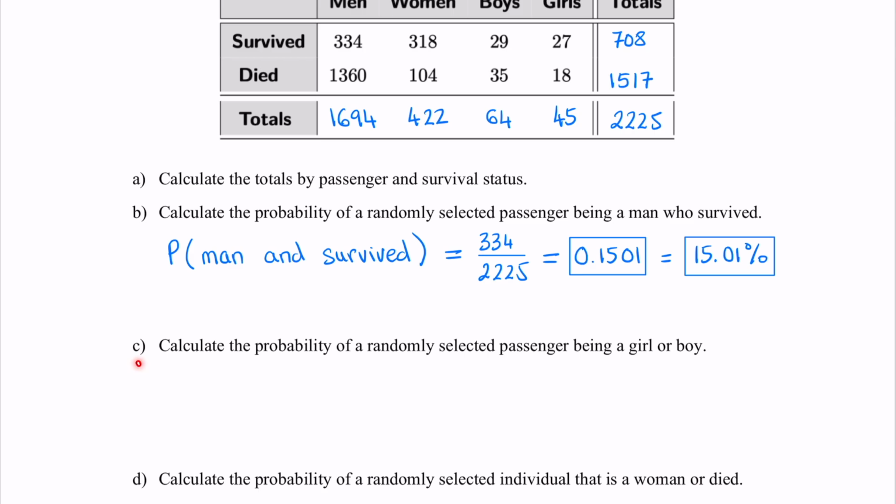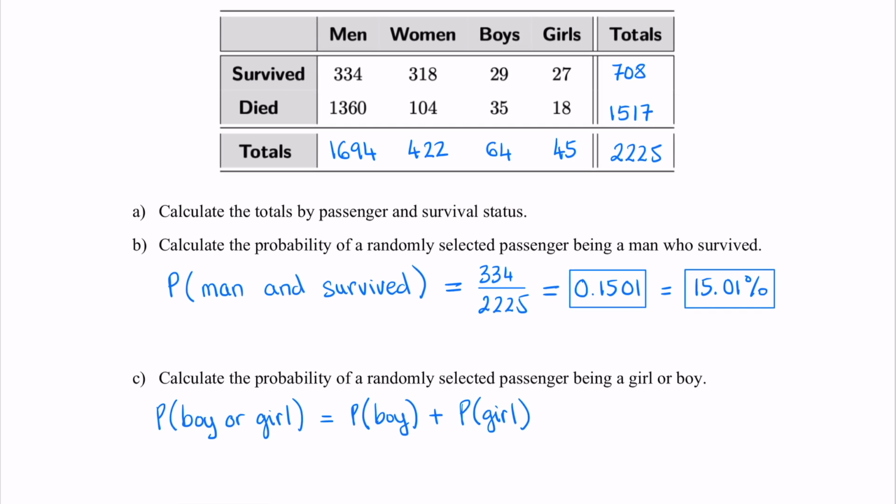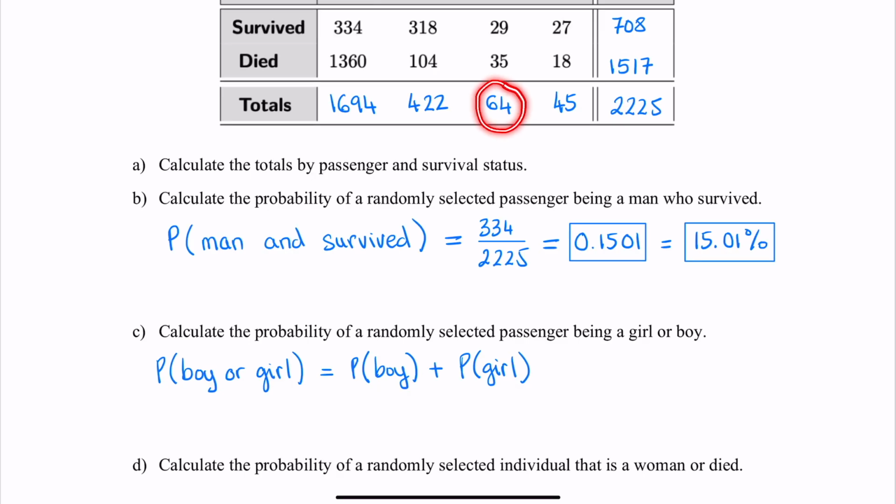Part C, calculate the probability of a randomly selected passenger being a boy or girl. Since the events being a boy and being a girl are mutually exclusive, we can use this formula: probability of boy or girl equals probability of boy plus probability of girl. There is a total of 64 boys, so the probability of being a boy is 64 over 2225.